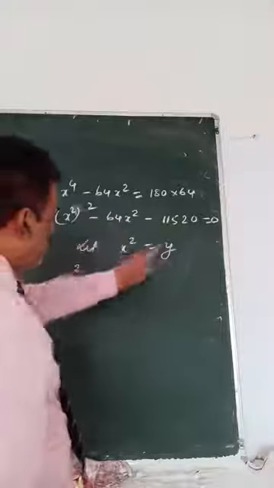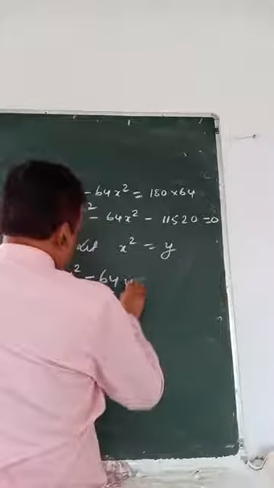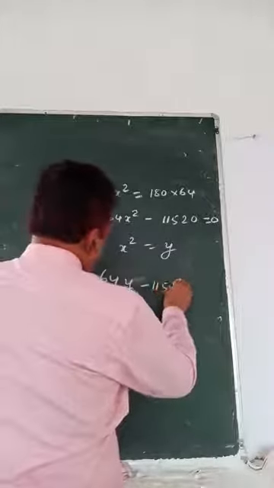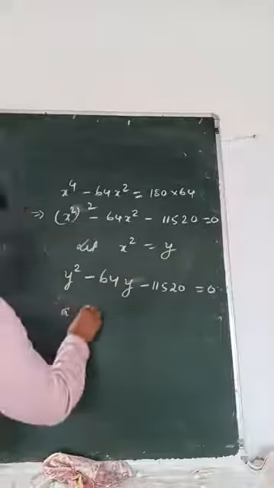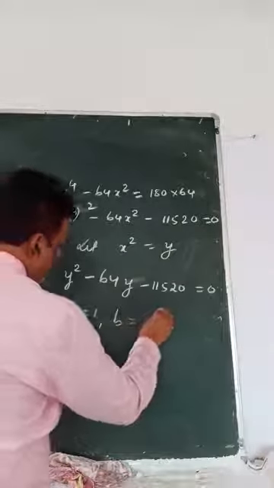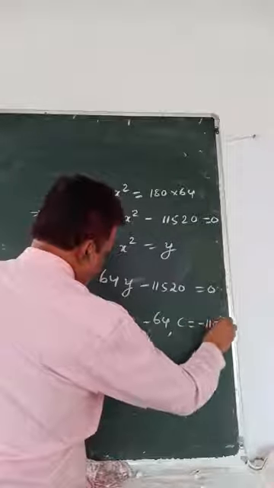And 64x square is 64y. So y square minus 64y minus 11520 equals 0. So a equals 1, b is minus 64, c is minus 11520.